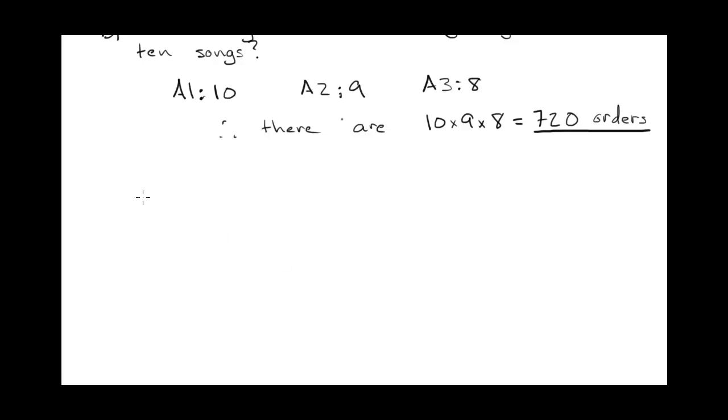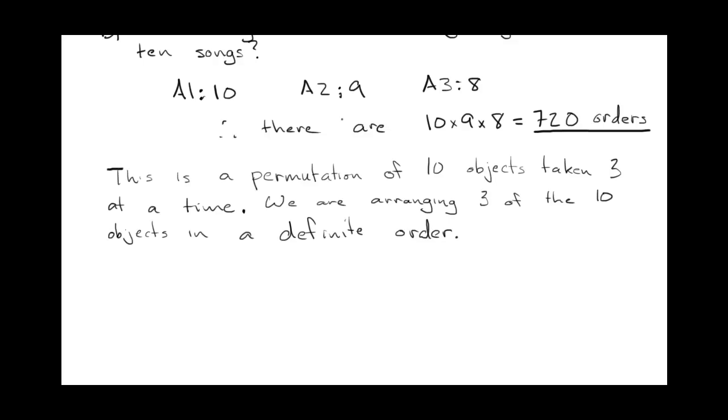So I'll write this permutation definition down too. Okay, so this is what we call a permutation of 10 objects, because there was 10 songs, taken 3 at a time. So we are arranging 3 of the 10 songs in a definite order. So the letters we're going to use: 10 is still how many objects we have, so we use an N for the total number of objects, and we use an R for how many objects we're arranging.